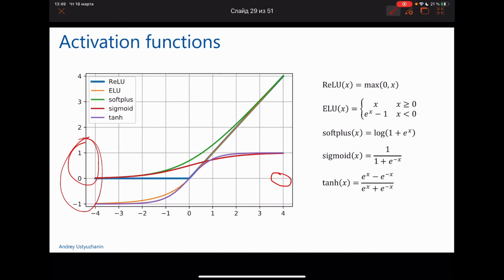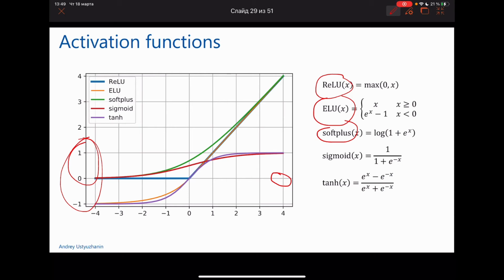And some functions like rectifier linear unit or exponential linear unit or softplus are not restricted, and it means that they are okay to pass the gradient for values as high as you want.